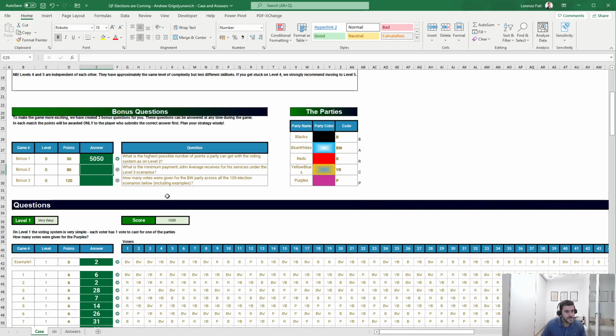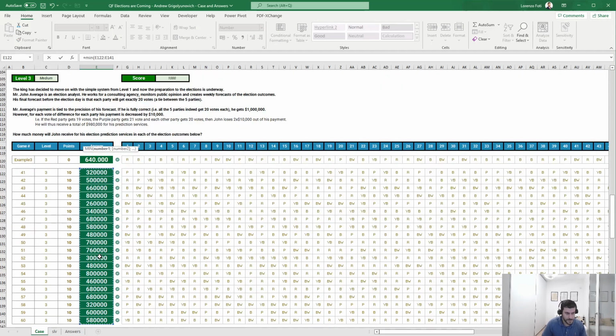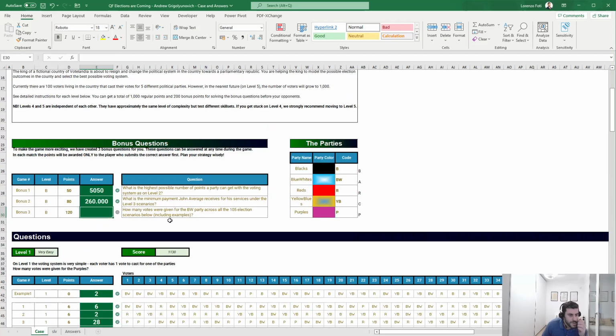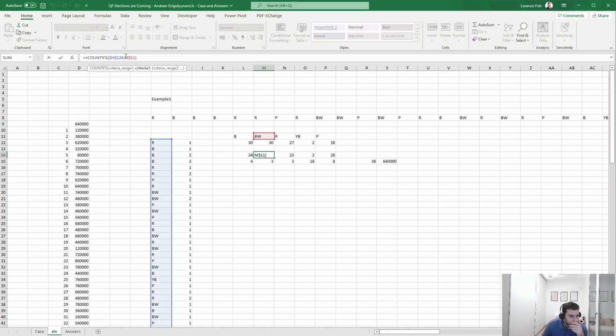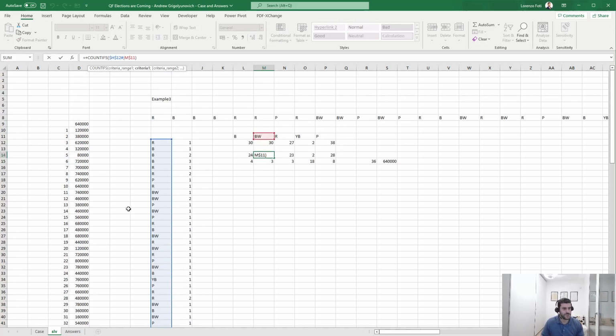What is the minimum payment on average received for yourself under the level 3 scenario? It would be just a mean of this. How many votes were given for the BW party across all the 105 elections, including examples? The BW is this one.